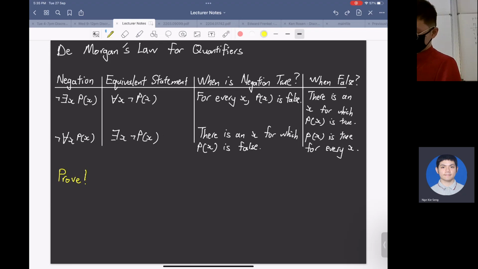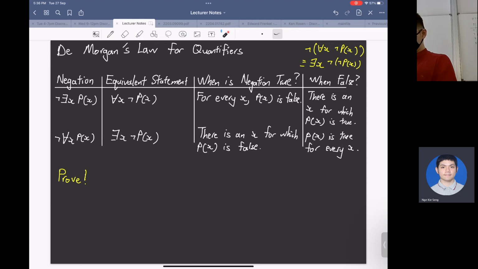Let me write it down. So not for every x P(x) becomes there's this x such that not P(x). So we still use the same logic, but now the proposition has some variable. When we have a variable, we want to quantify it, whether it's there exists or for all.